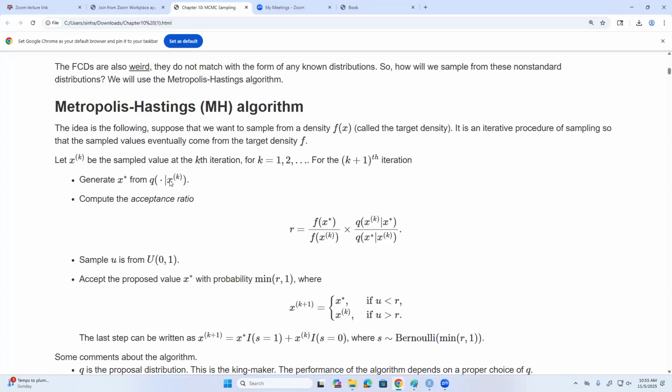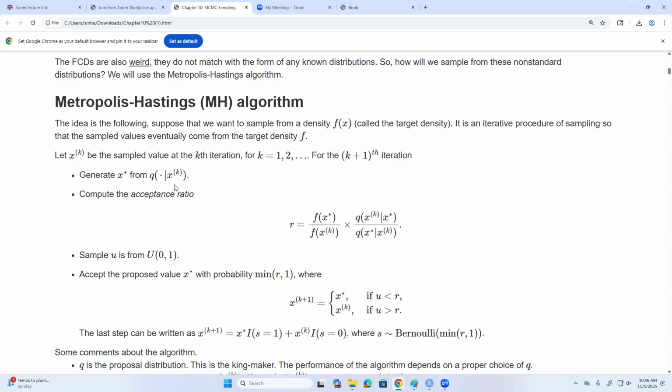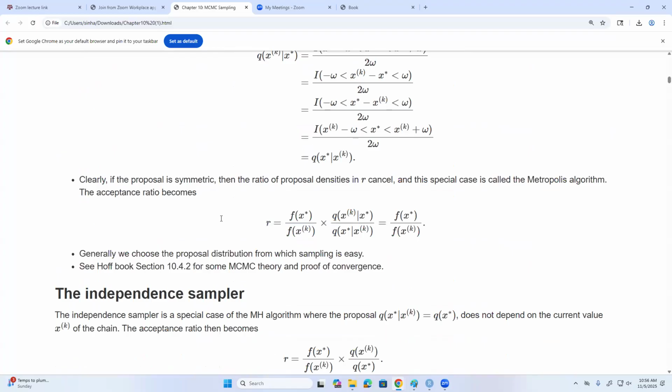And here it is explicit when I say generate X star from Q. Q is a proposal distribution that depends on X superscript K, the kth iterative value. It is allowed to depend. If you don't want it to depend on X superscript K, it is fine, and it is called an independence sampler.